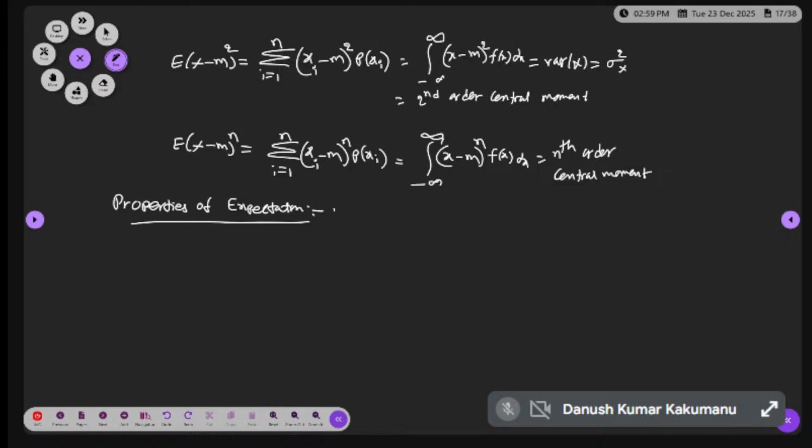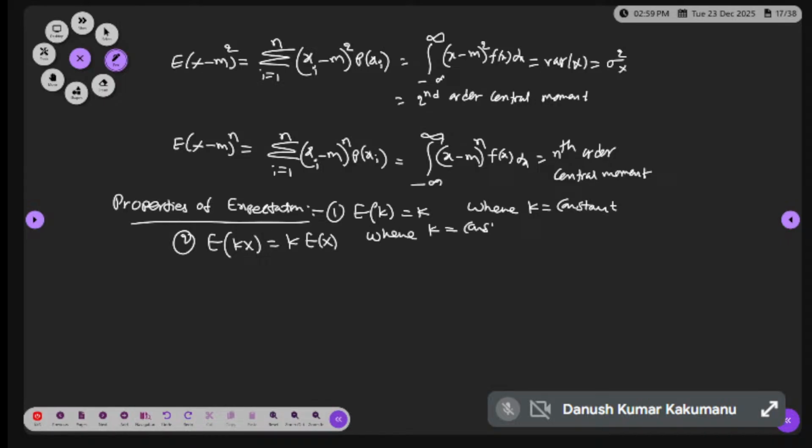What is the first property? Expectation of a constant is the constant, where k is the constant. Second, expectation of kx is k into E of x, where k is the constant.